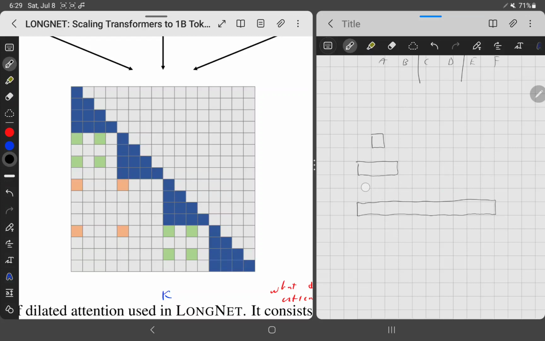But in a dilated convolution, you would take the value here, here, and here, and you skip over one of the values in your sequence, or one of the tokens. And now the receptive field is a little bit larger, because notice how the convolution can broaden what it can see. Instead of just looking at these 3 values here, it's looking at 5 values and skips a couple.